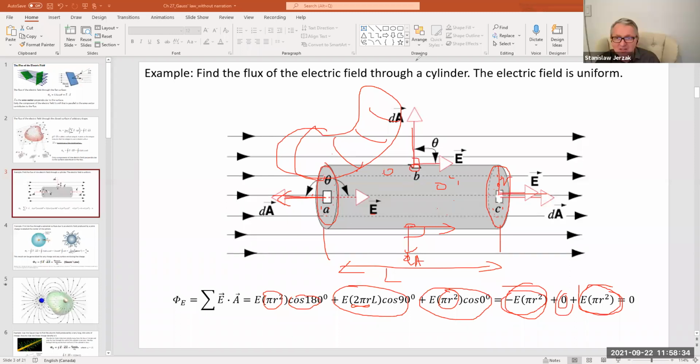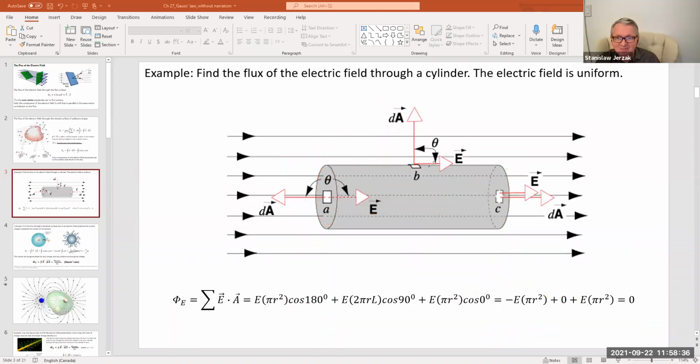Okay, good questions. I have one more question. Yes, please. All right, so you said that the area vector always goes out of the surface. Does that mean that there's no field within the surface? No, there is field, because we have to calculate the flux of the electric field through the surface.